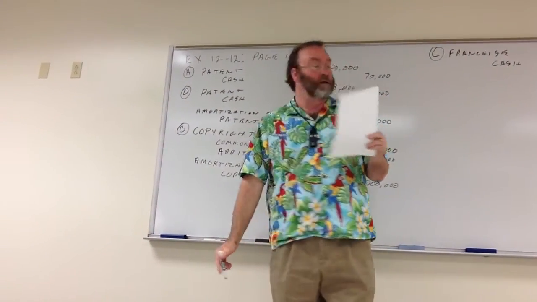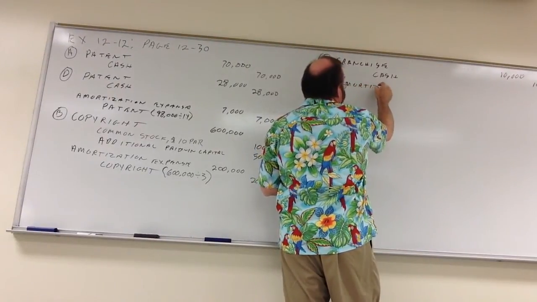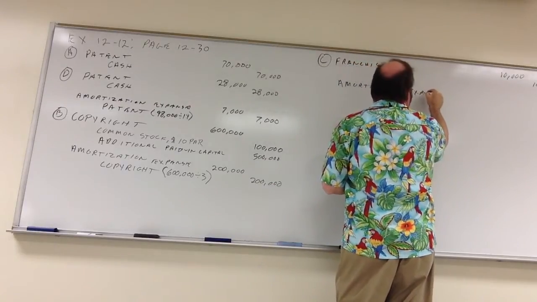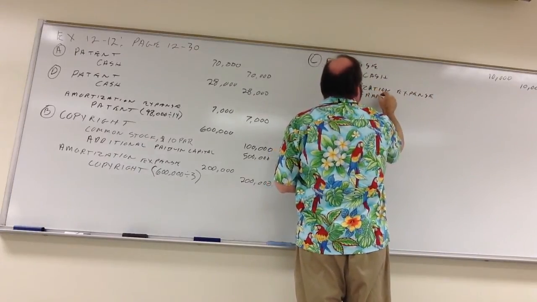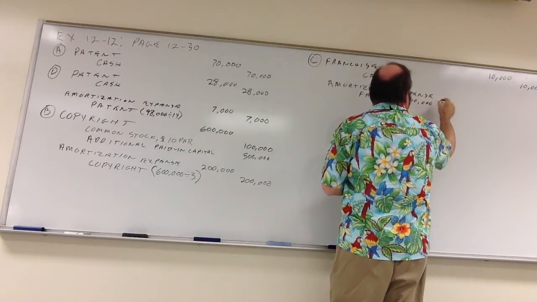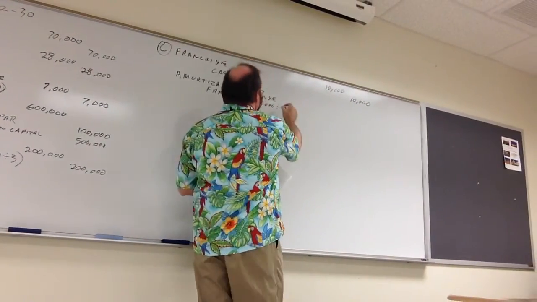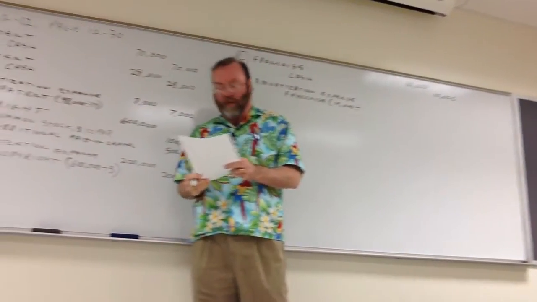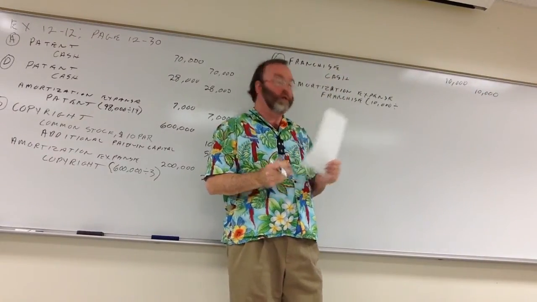And at year end, we're going to amortize this franchise. $10,000 divided by how long have we been granted the right for? It doesn't say, but how long do we expect to generate significant revenues from this ferry operation? 5 years.